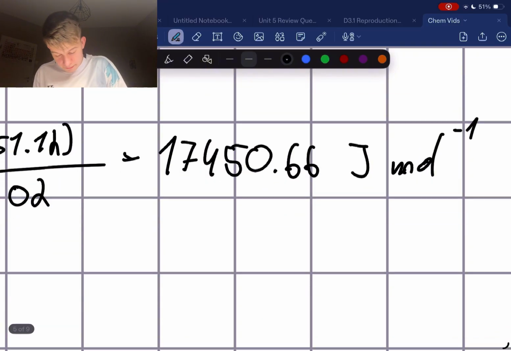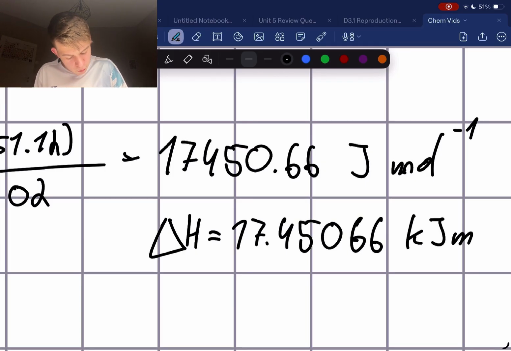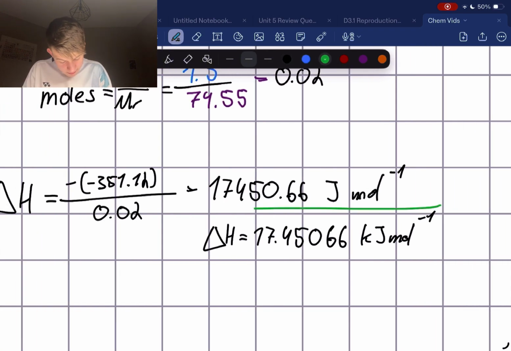So we get delta H equals 17.45066 kilojoules mole^-1. And that is the answer.